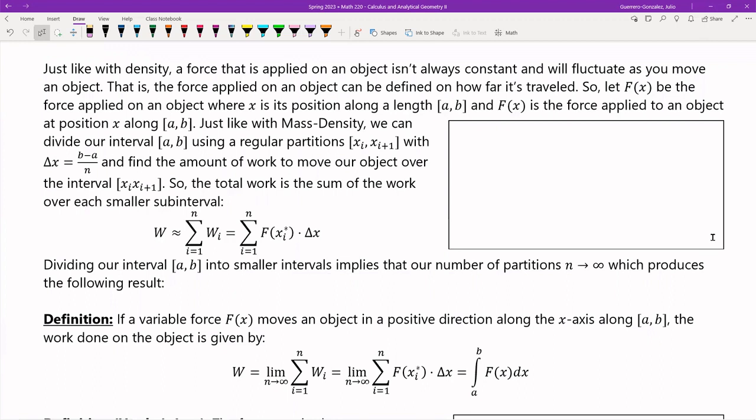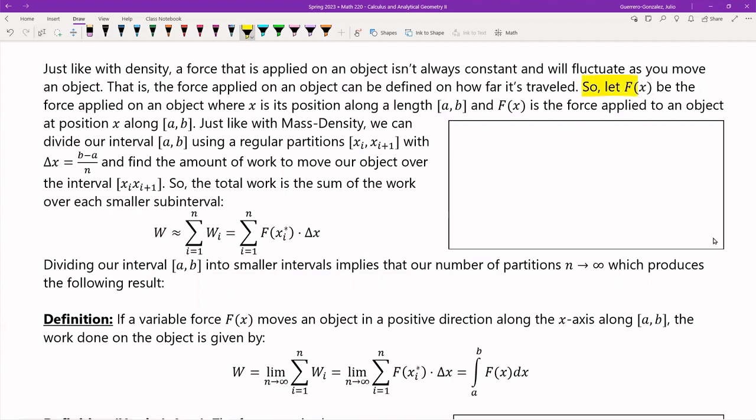And depending on if I hit a hole or not, my density changes, even though I'm taking little pieces out of Swiss cheese. Same thing with the force. A force that is applied to an object isn't always constant. I can't apply 50 newtons at a constant amount. Usually that force changes. So that's what we're going to be studying here.